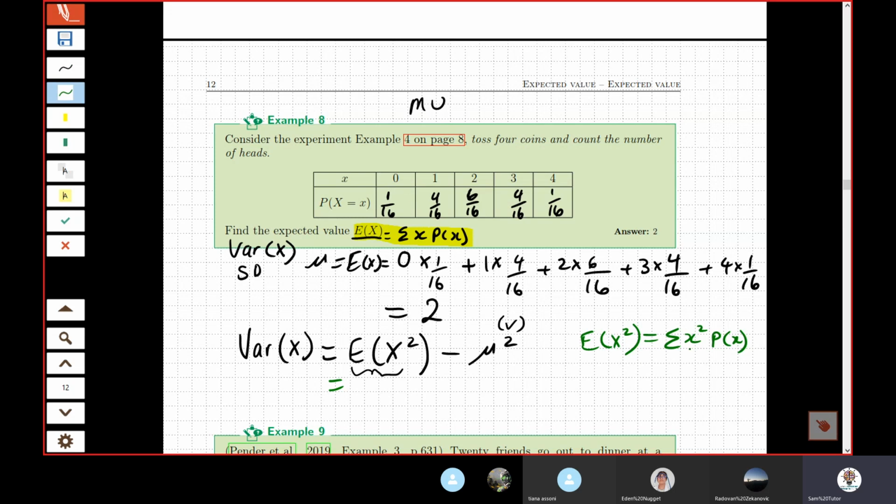It's the sum of your x squared multiplied by the probability. Would it be 0 squared times 1 on 16, plus 1 squared, 4 on 16? Yeah, all right, you get it.